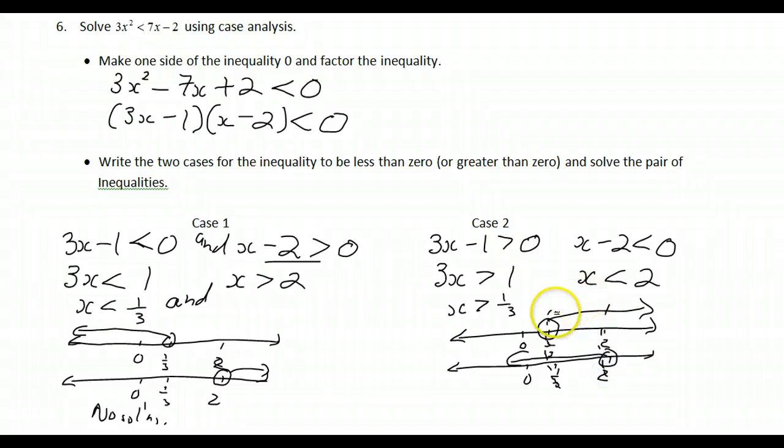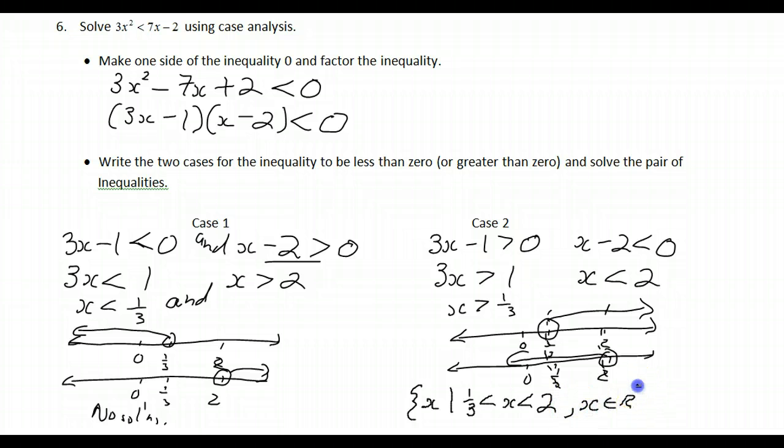So in this interval, they are both true. And that interval will give us the interval 1/3 is less than x is less than 2. And if we want to be formal about it, it would be the set of all x such that 1/3 is less than x is less than 2. And we can add that x is an element of the reals. So this is case analysis.